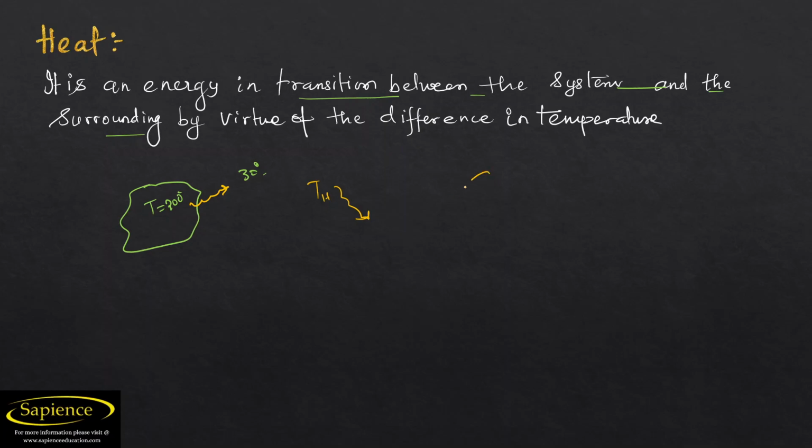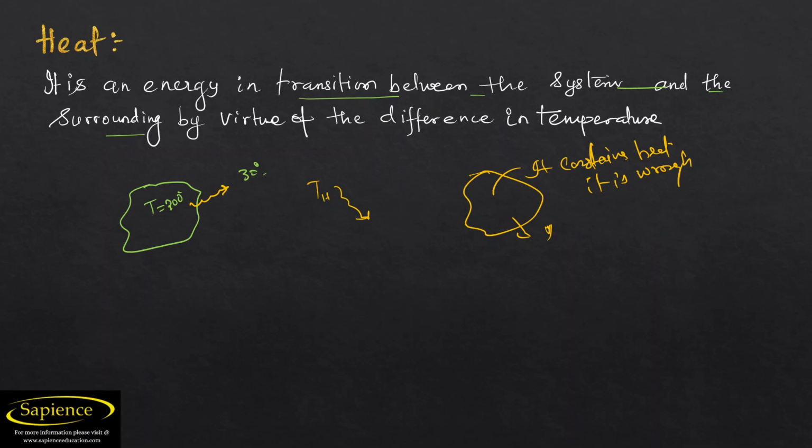We can't say that an object contains heat. It is wrong to say it contains heat. It contains internal energy, but it is wrong to say that it contains heat. Heat is a flow phenomenon.